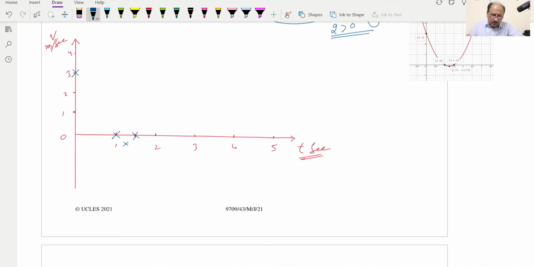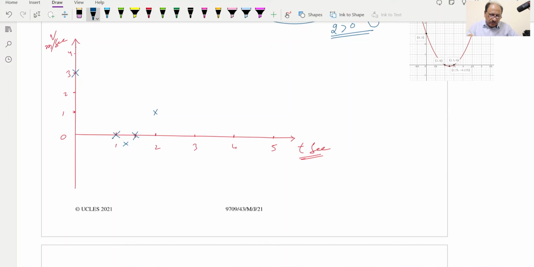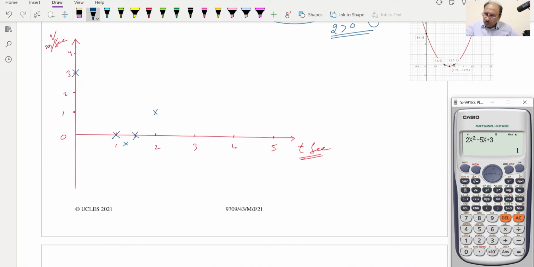The next value we can take on the right side, basically 1.6 or 1.7, something like that. Calculating for 1.6 gives 0.12, so we can take some bigger value. We can take x equal to 2, which gives us 1. So 2 and 1 will be like this one. Now we can take more than 2, so we can take 2.5. Calculating for 2.5 gives 3.